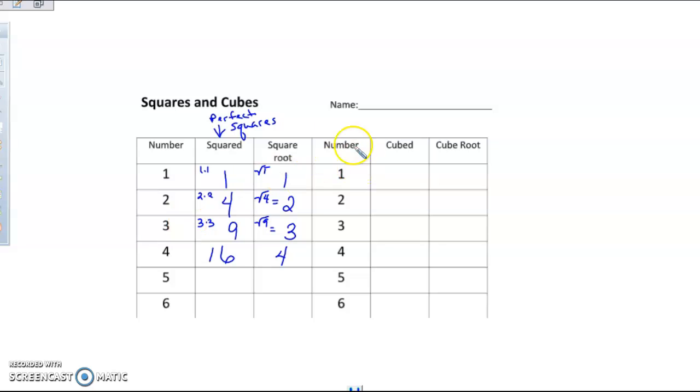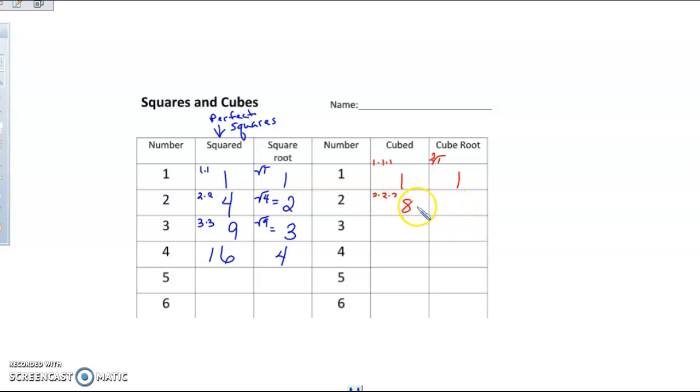Okay? These are cubed. So that means that 1 cubed is 1 times 1 times 1, and that gives you 1. The cube root of 1 is also 1. 2 cubed, 2 times 2 times 2 gives me 8.